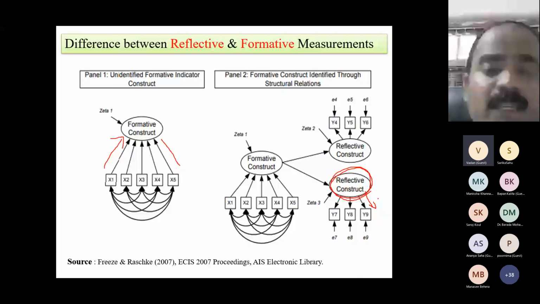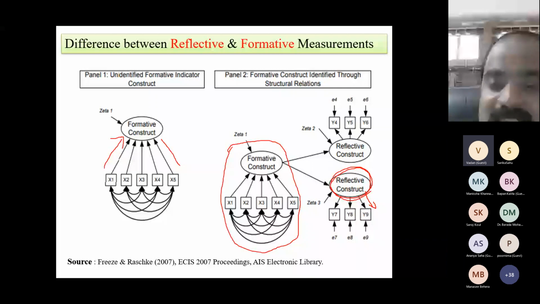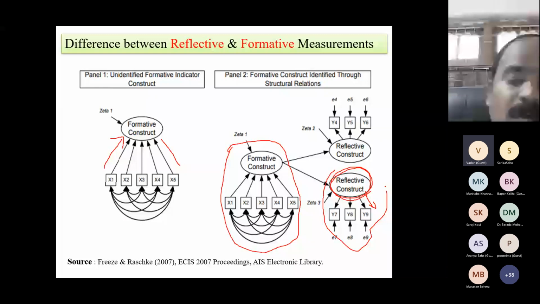See, likewise, this is a beautiful example that I have taken. Look at here. One of the constructs, that particular researcher has taken as formative. Another construct in the same research, the same article, has been taken as reflective. This is a real article of a journal. You can see this.